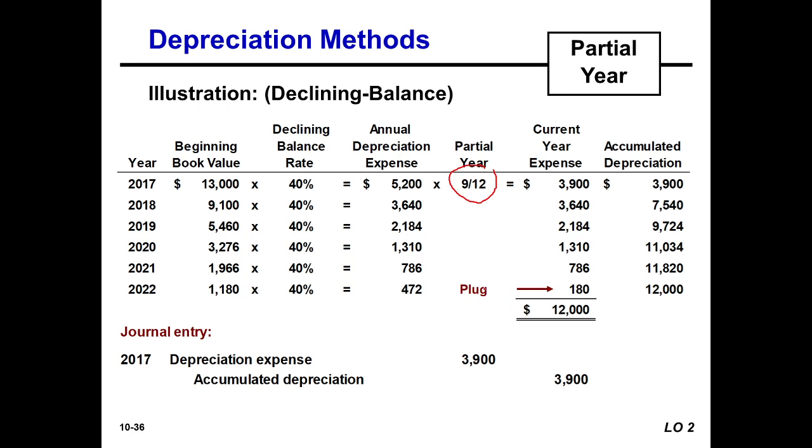This figure is the current year expense, the current year annual depreciation expense 472. That means please look here, this is 12,000. Keep this 12,000, and the current year expense we have shown here is 180.